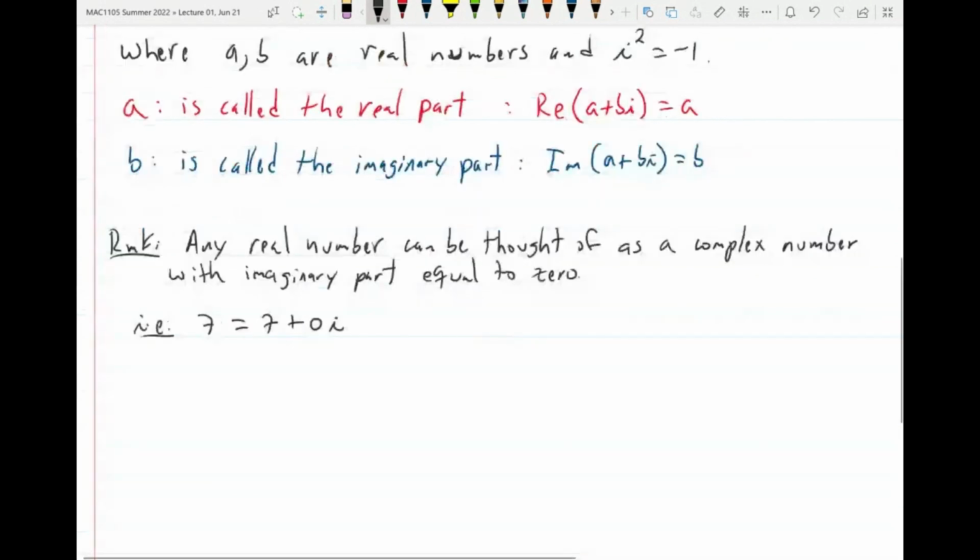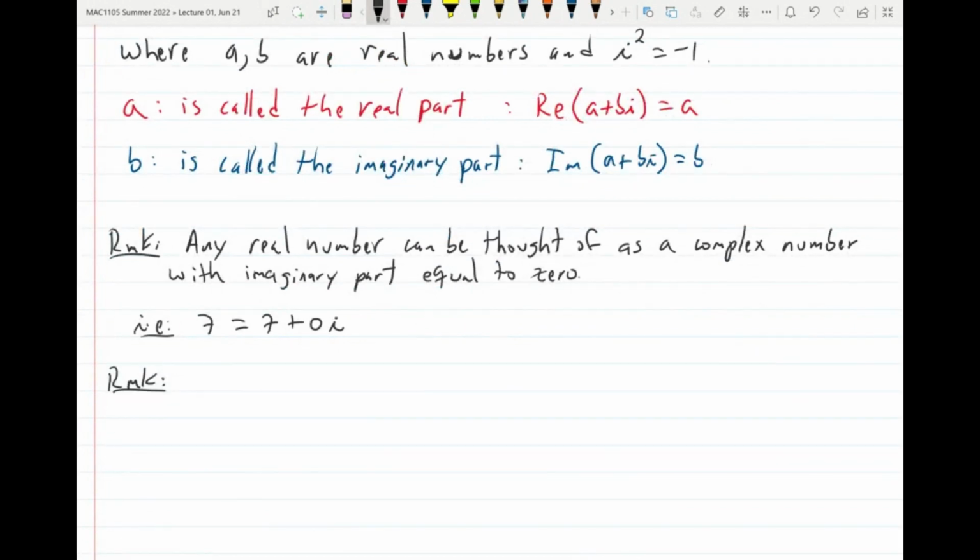Okay. Also, I want to remark on the complex number. So if you write a plus negative b times i, right, let's say that the imaginary part is a negative number. Okay? This is the formality of how you should write it because of the definition.